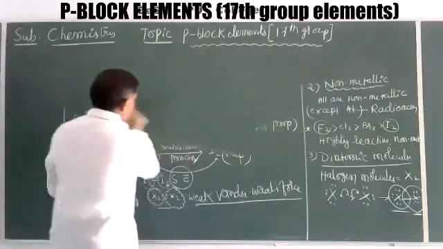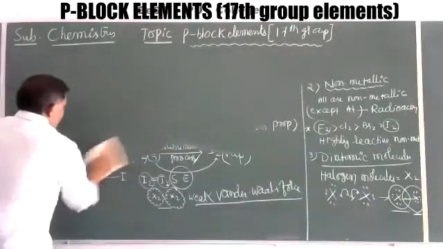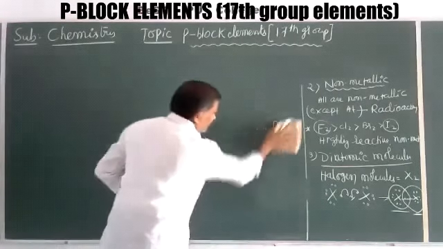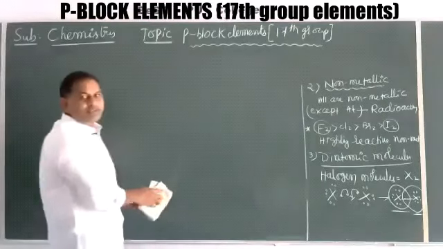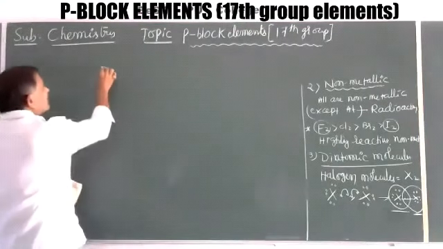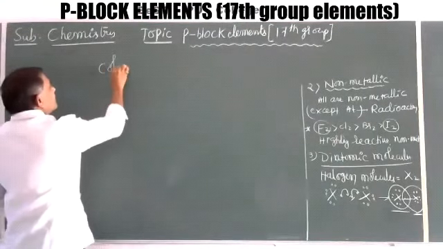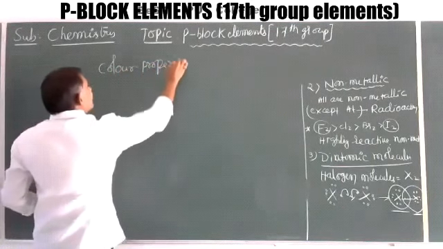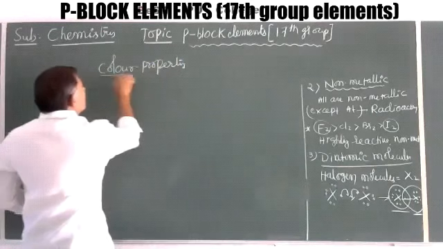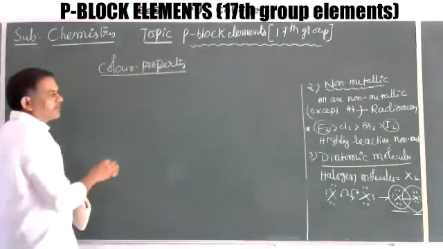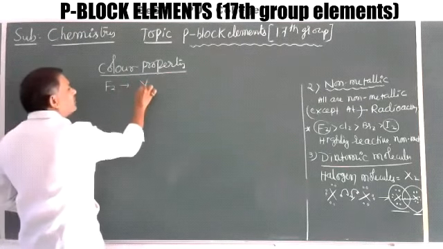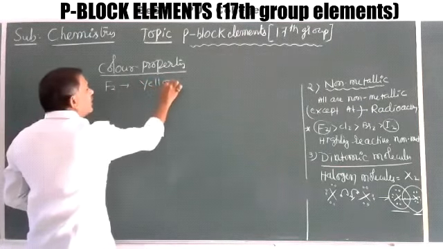Then a very important property of halogens is the color property. Fluorine F2 is pale yellow or yellow in color.